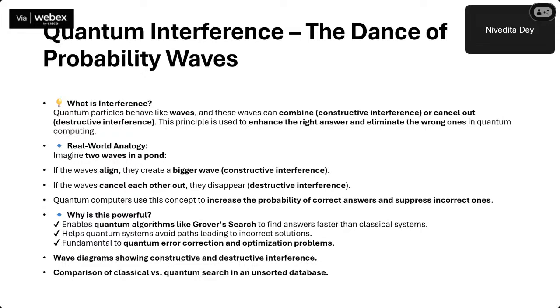These are called interference, which is a very generic property. For quantum also, if it forms a bigger wave, it is called constructive interference, and if it forms a smaller wave, it is called destructive interference.